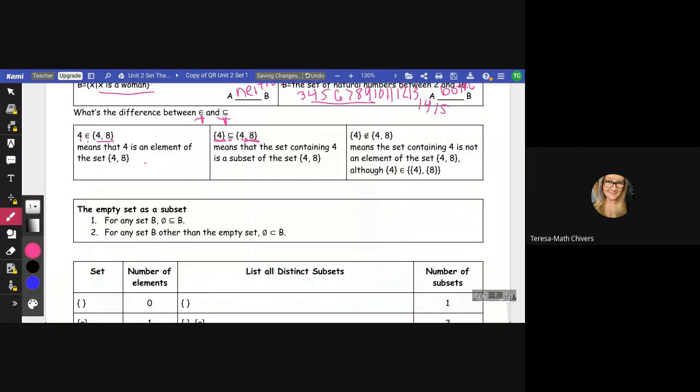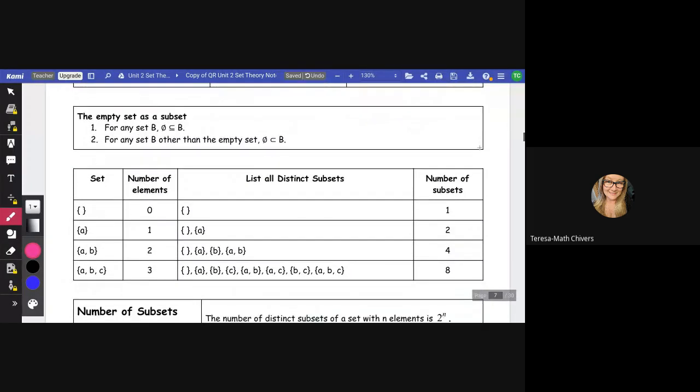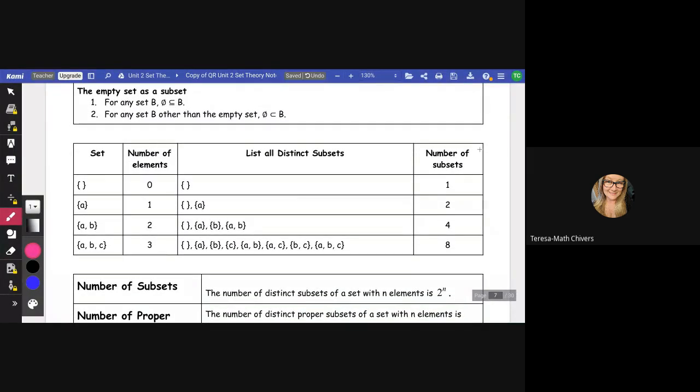That's different because the set 4 is not an element of that set. All right. Empty set. For any set B, the empty set will always be a subset of B. For any set other than the empty set, it is also a proper subset.